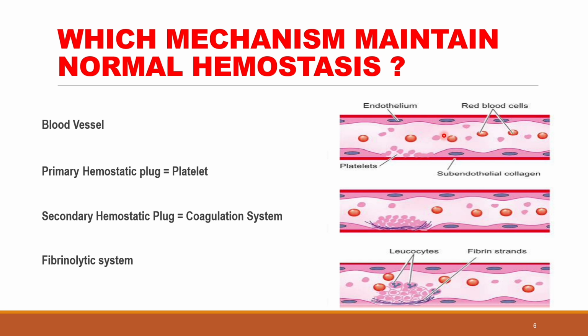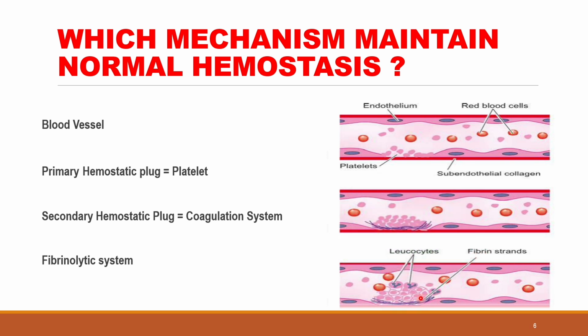For example, look here, this is the blood vessel which is lined by an endothelium. Now, if there is an injury in the blood vessel, if the endothelium is injured, then first platelets will come to form a hemostatic plug to stop the bleeding. That is known by the name primary hemostatic plug. But that plug, that clot, is not strong enough to stop the bleeding. So a secondary hemostatic plug is formed by activation of the coagulation system, which ultimately leads to fibrin formation.